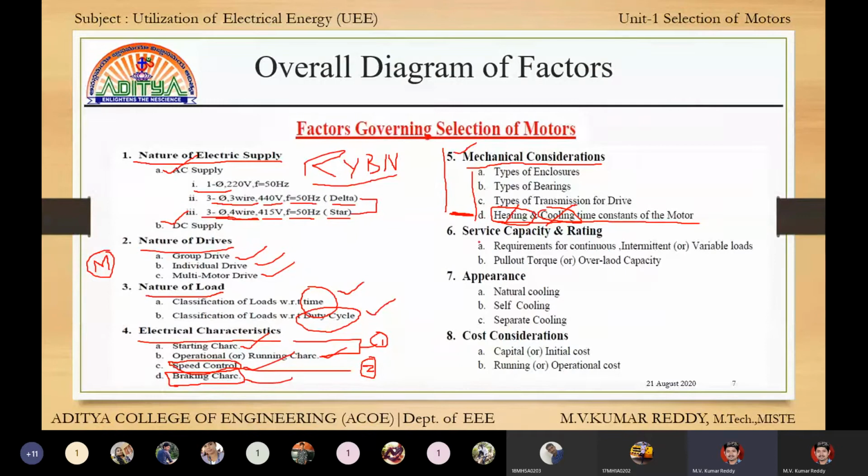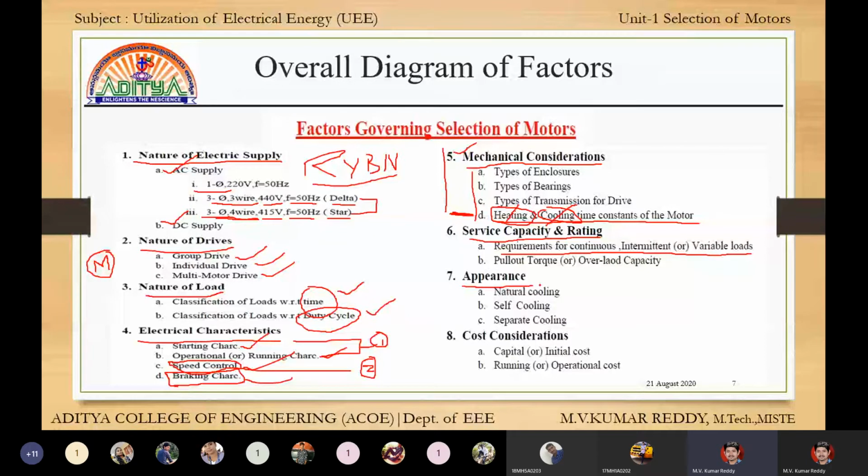Okay, next, service and service capacity and rating. This is the next important topic, that is requirements for continuous, intermittent or variable loads. This is a very important topic. Next one is appearance.